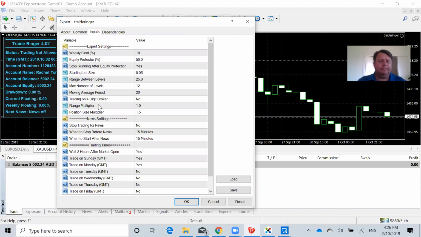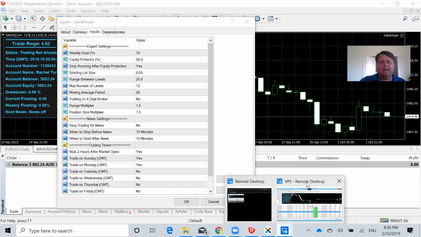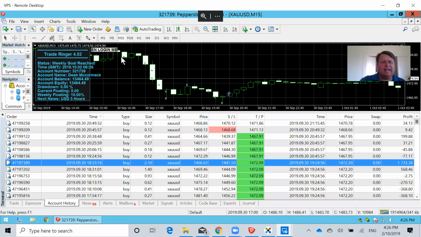Range multiplier. So if we think back here, the range between levels is 25. The range multiplier is for when you might not want to have an equal distance of the gap between here to here to here. I do. 25, 25, 25, 25, 25.